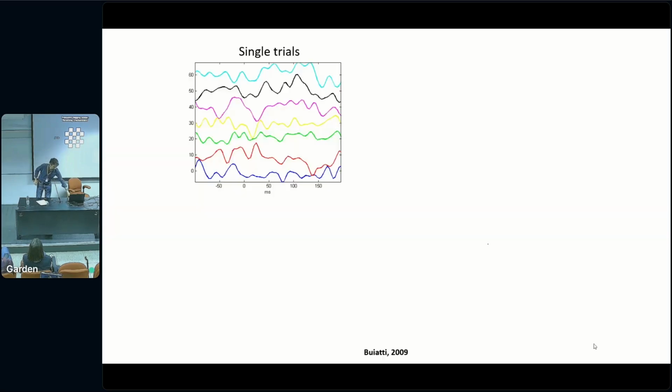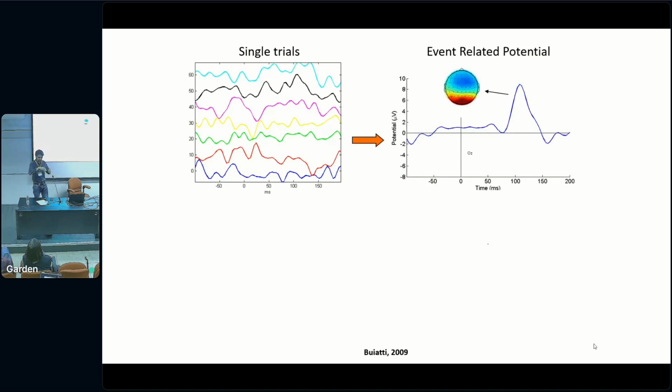But if you look at the single trials at the onset of the switch between black and white, you cannot see by eye from the single trial the response to this inversion. Why? Because there is a lot of ongoing EEG activity that is unrelated to the stimulus and that covers these fluctuations.